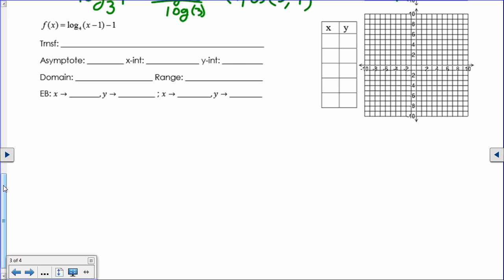Wait, how do you draw it down? You didn't even draw it. Just think about it. When you graph that, straight line goes.